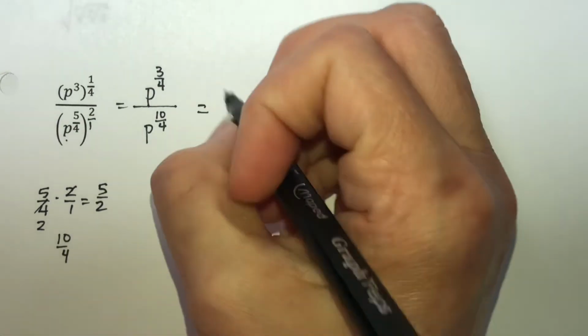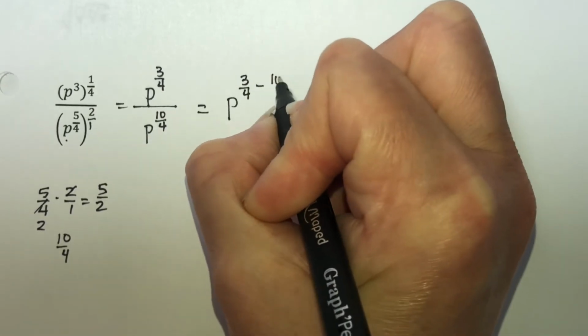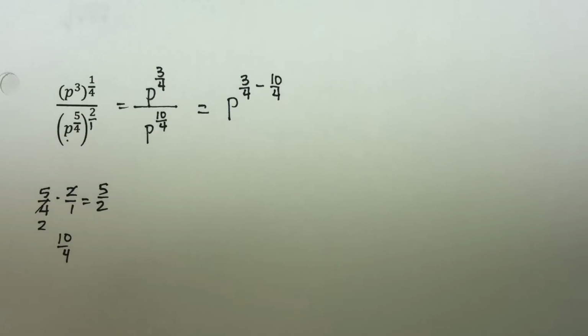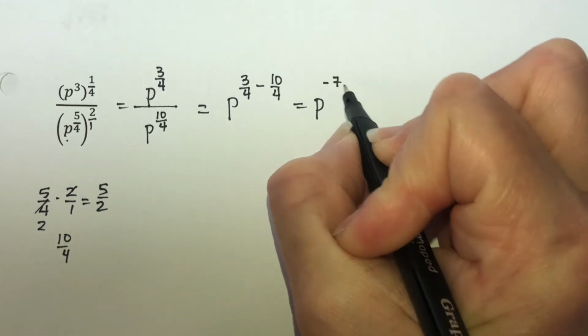Either way, you're going to end up here. P to the 3/4 minus 10/4. Whether you reduce it and then get a common denominator, or don't reduce it and keep a common denominator, when you do that subtraction, you get p to the negative 7 over 4.